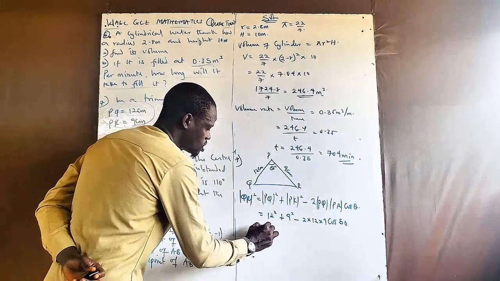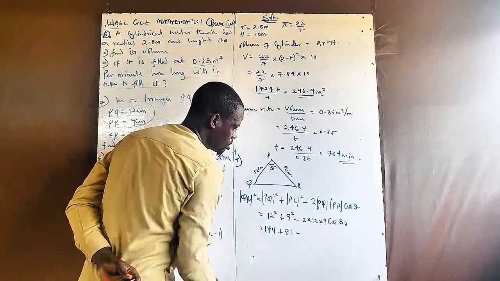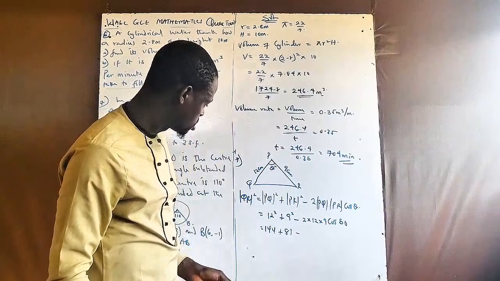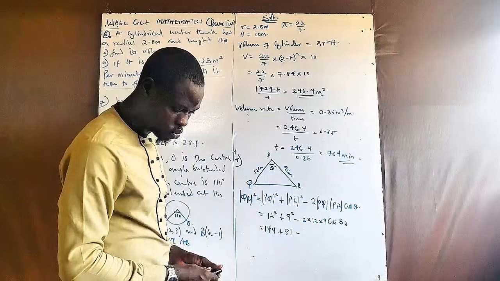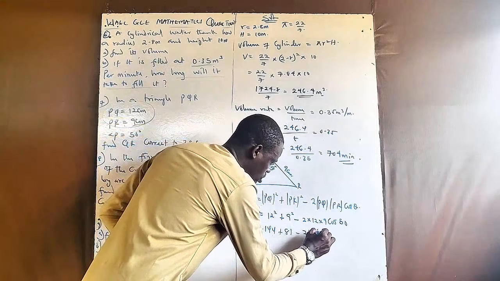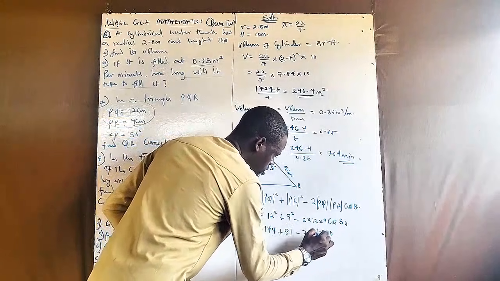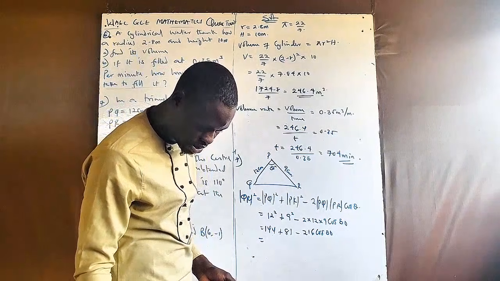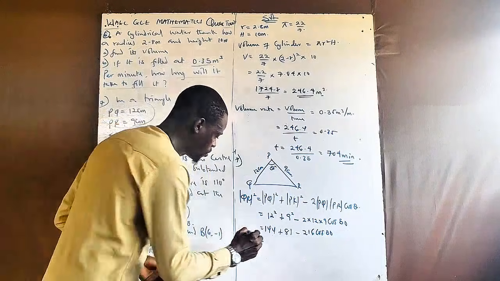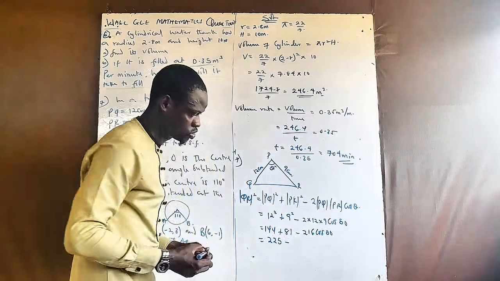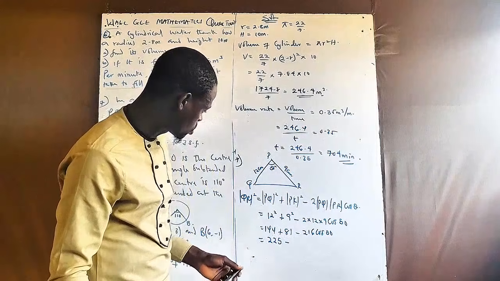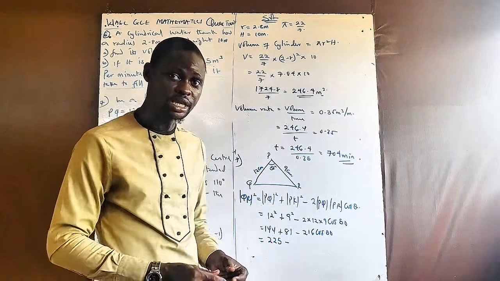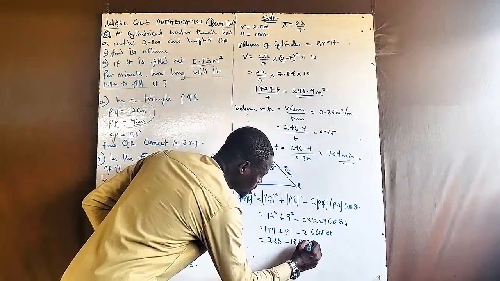This gives 12 squared is 144, plus 81, minus 216 cos 50. 144 plus 81 gives 225, minus 216 cos 50, which is 138.84.